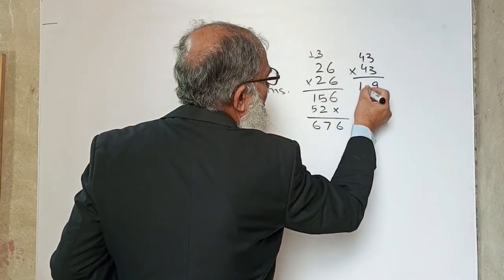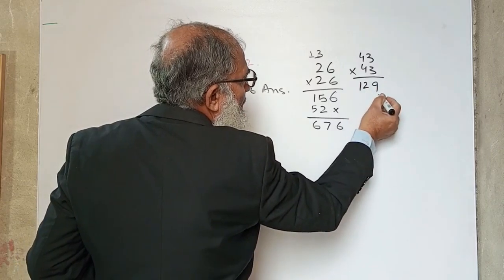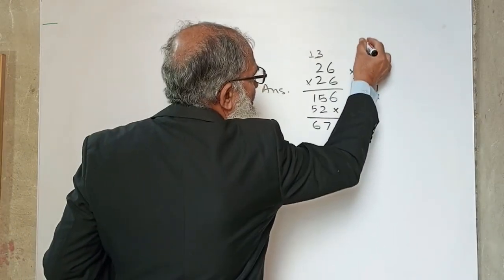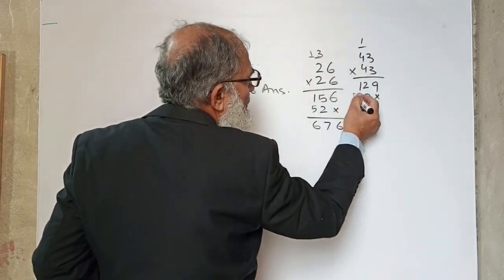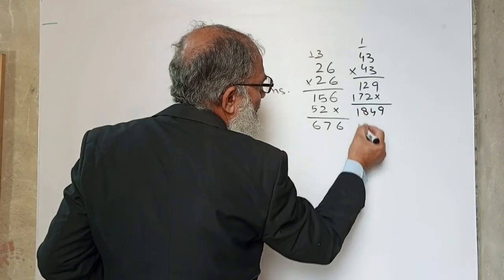Write it: 43 times 43. 3 times 3 is 9, 4 times 3 is 12. Put a cross over here. 4 times 3 is 12, 1 got carried. 4 times 4 is 16 and 1 is 17. So 1849.